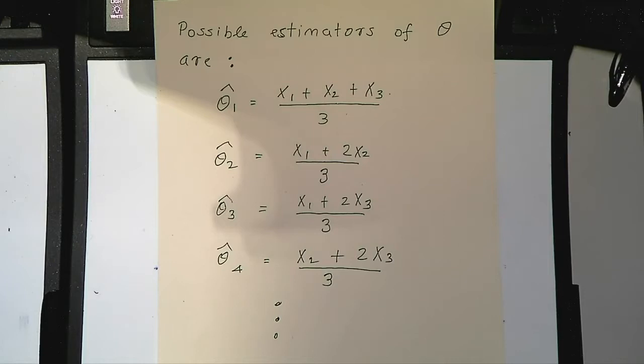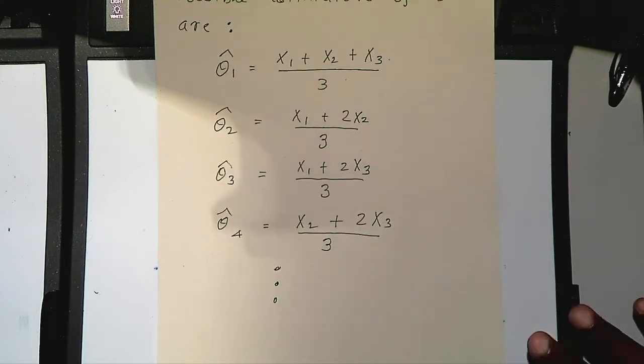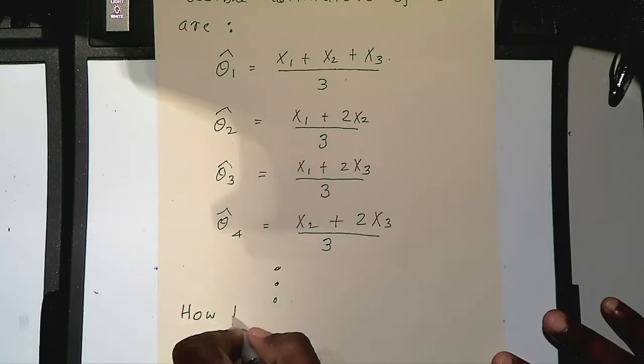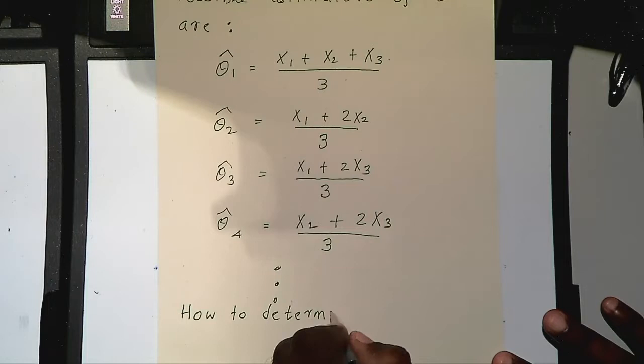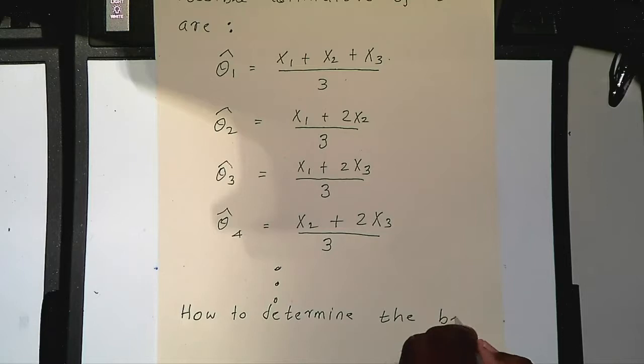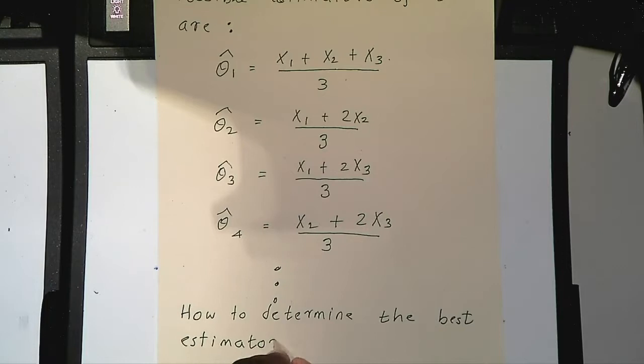Well, I'm just asking a question. So how do you determine the best estimator when you have more than one?